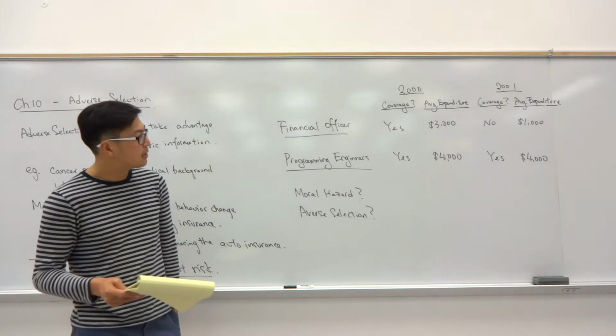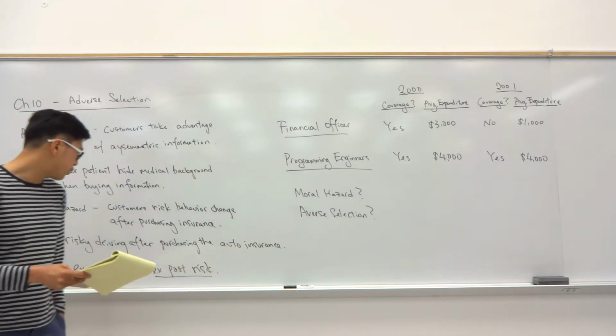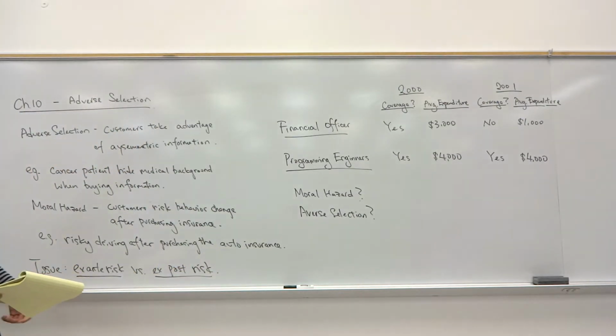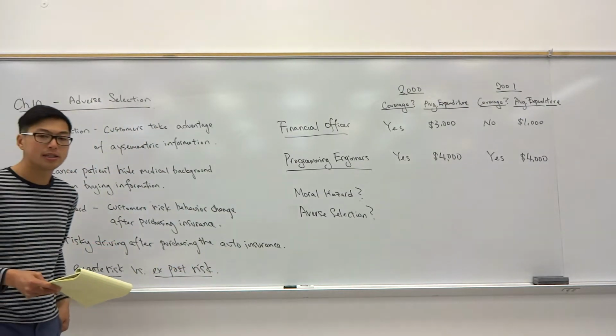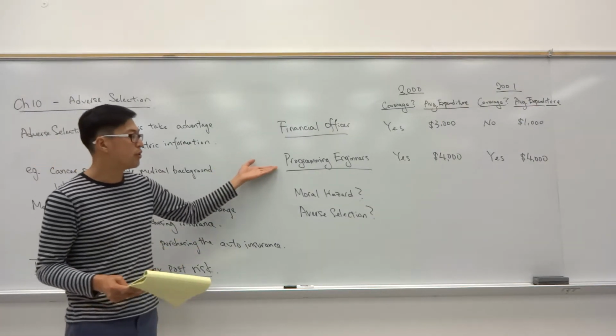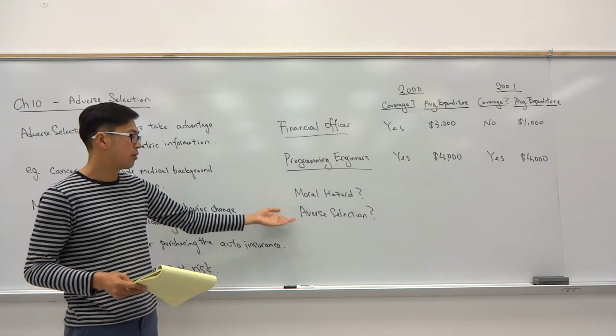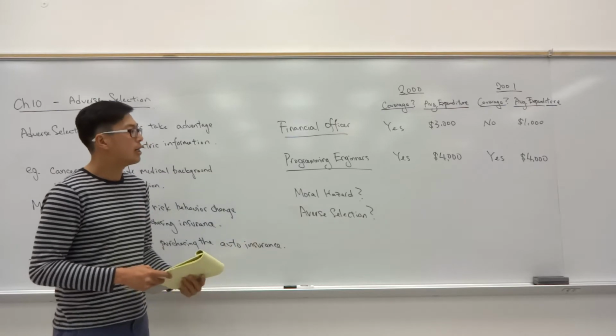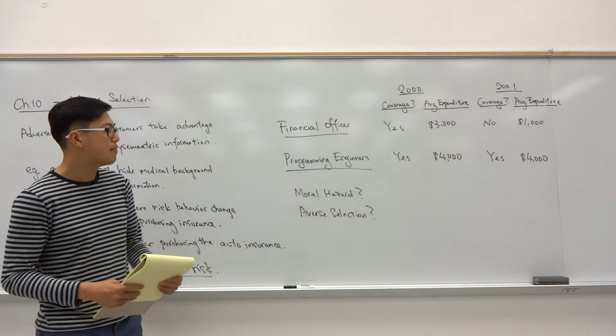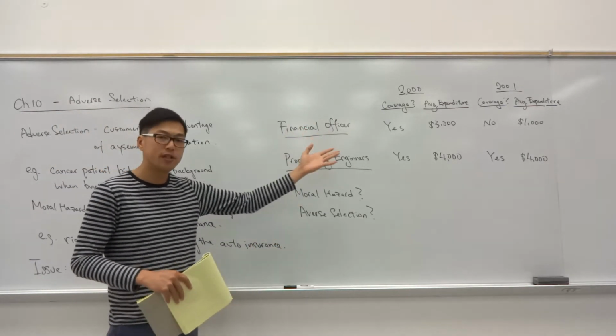The problem is, again, go back to the original case here. How can we tell whether this is an issue created by either moral hazard or adverse selection? Is it possible to actually miss one of them and not see the results here?